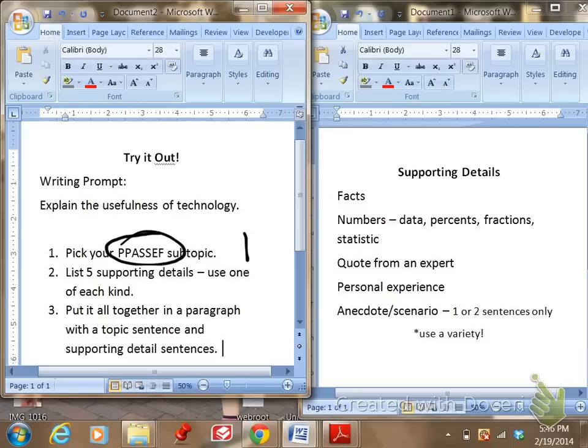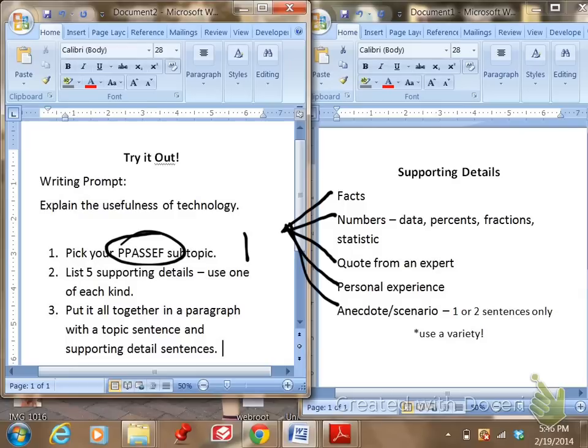And then I want you to list, you're going to do this on a Word document, 5 supporting details, and I want you to come up with one of each kind, okay? So see if you can come up with a fact that would support it, something that has a number, a quote from an expert, a personal experience, and then some kind of a scenario.